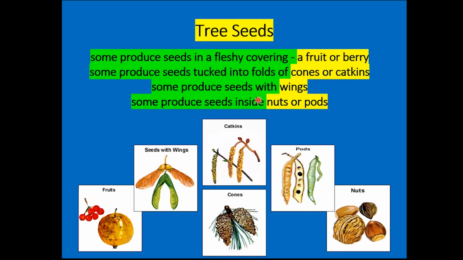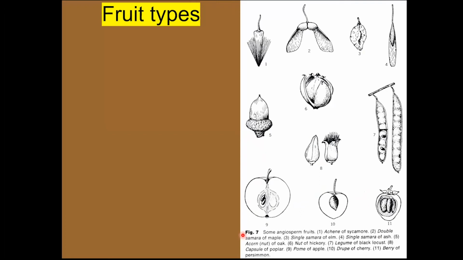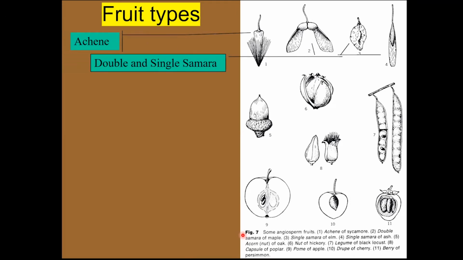You might get fruits like an apple. You might get seeds with wings, like this maple. You might get pods, like a redbud. You might get nuts, like a hickory or an acorn, or cones. There are different fruit types. You can see here, there's achenes. There's a name for every one of them.